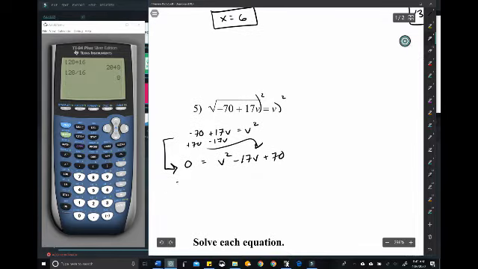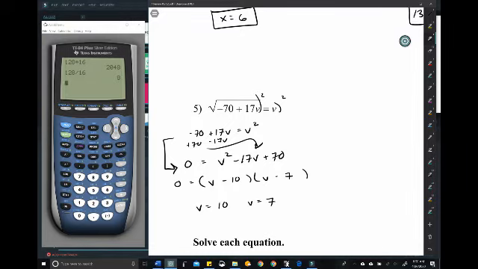From here, your factoring skills come back. It'll be easier factoring. So v and v, negative 10 and negative 7. They multiply to positive 70 and add to negative 17. That means v equals 10 and v equals 7. I believe they both work as well. So they're both the solutions here.